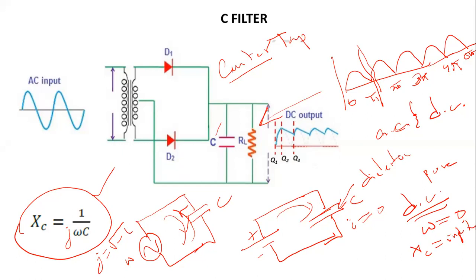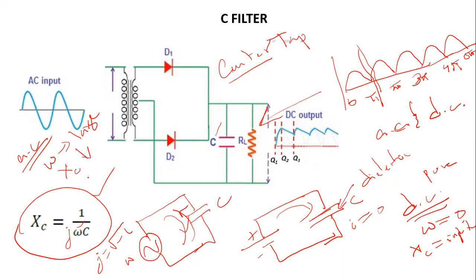But if you have an AC signal here, rather than this DC signal, then depending on the frequency omega, if omega is very large, the impedance offered by the capacitor will be very small.